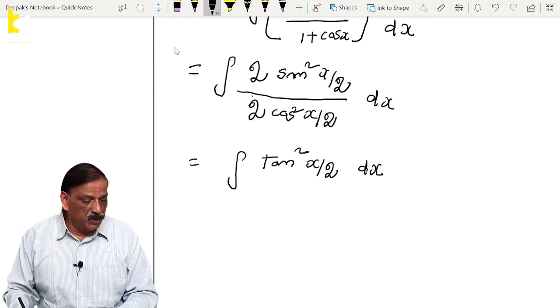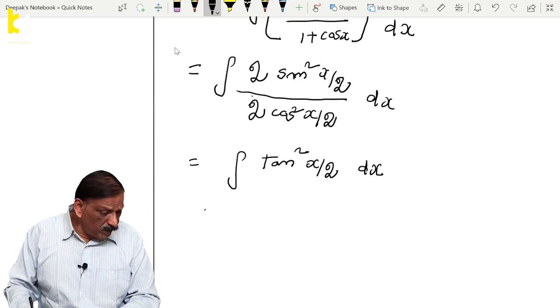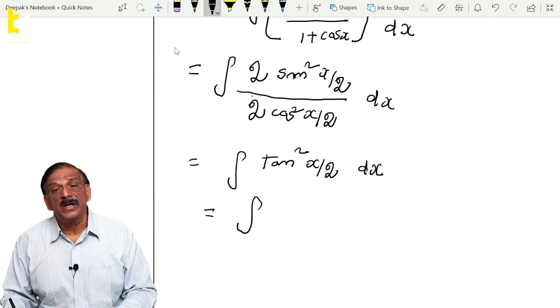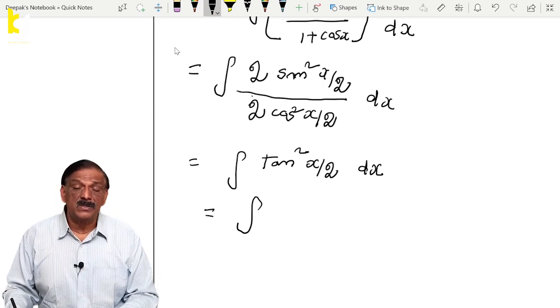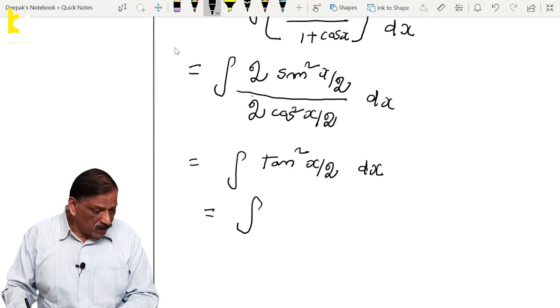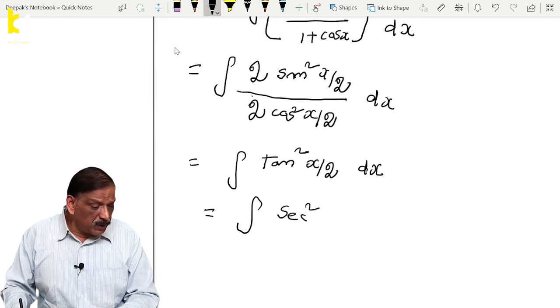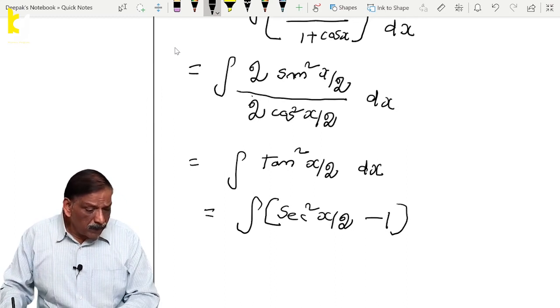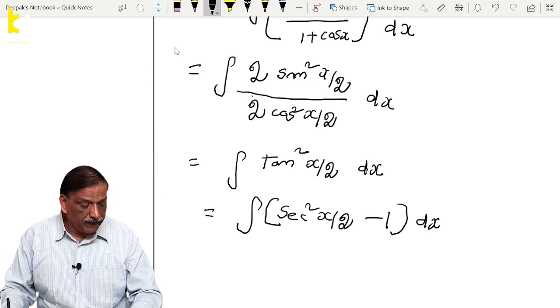So this is equal to, we know 1 plus tan square x equal to secant square x. Therefore, tan square x equal to secant square x minus 1. So tan square x by 2 will be secant square x by 2 minus 1 dx.